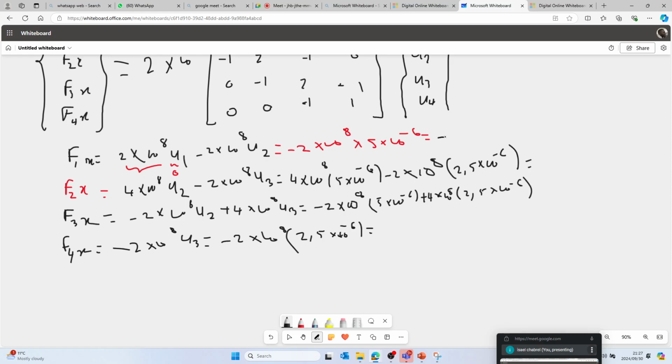Okay, here I'm getting minus 1000 for F1. For F2, what do you get? It's 1 times 10 to the power 6. It's negative. For F3, no, for F2 here I'm getting 1.5.